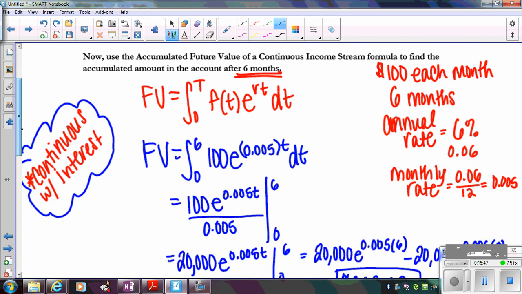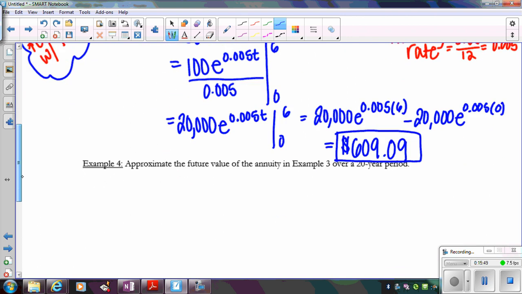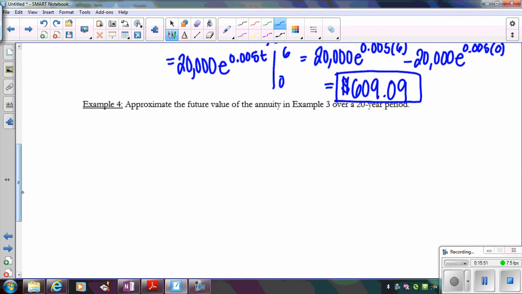So if we look at the next problem, it wants us to use the same values, but to look at a 20-year period. So here's a situation where you definitely wouldn't want to go the long way. Plus, when you're doing it that long way, you get more rounding errors because you're constantly rounding those numbers. With your integration, you're not rounding till the very end. So that's your more accurate answer. So just keep that in mind. That's why we like integrals.